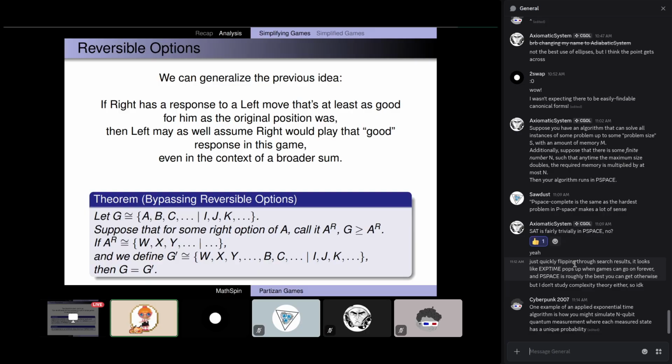Let's say you want a game that's comparable to its options, and you want all of its options comparable to their options. You want G comparable to its second options and third options and whatever, all the way down. G is comparable to everything below it on the tree. That's a thing you could want. Right. And you could call that a hyper comparable game or something, where G is comparable to all of its options and options of options, and all those are comparable, etc.